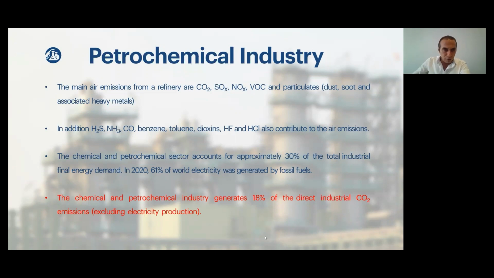Also, I would like to highlight this one. The chemical and petrochemical industry generates 18% of direct carbon dioxide emissions. In these emissions, electricity production is excluded, and this is a really high percentage.